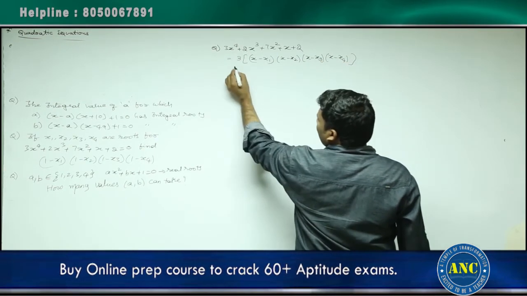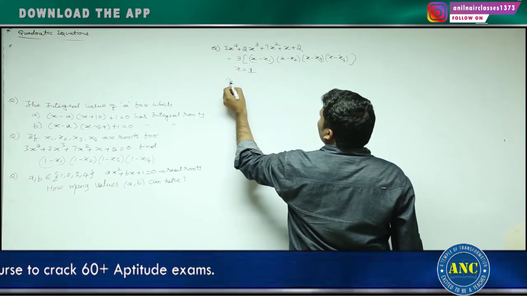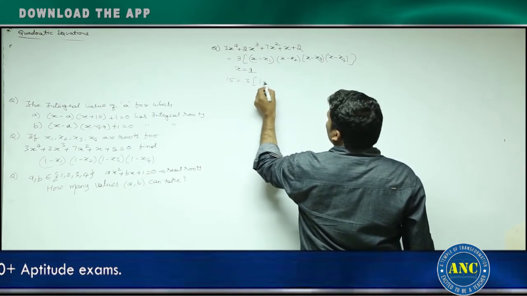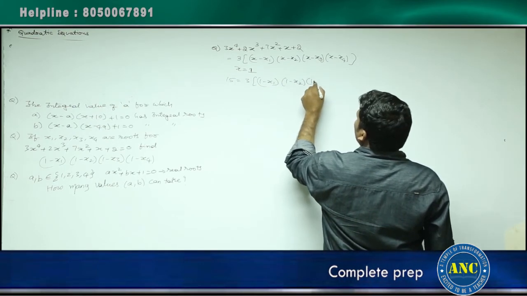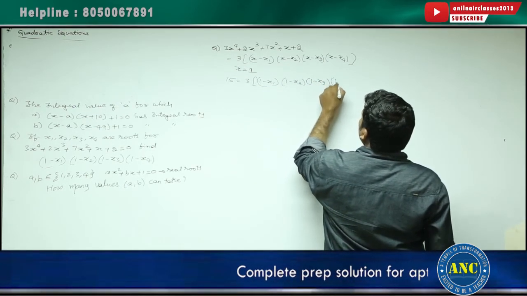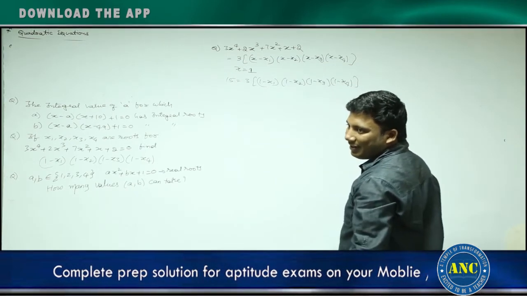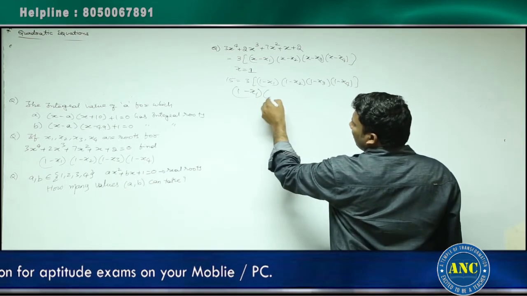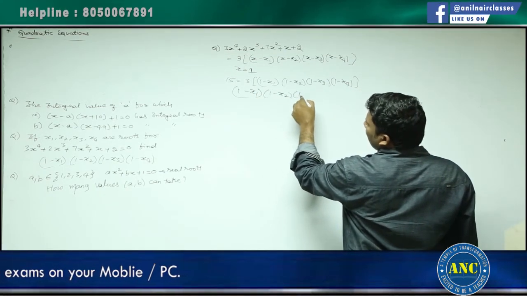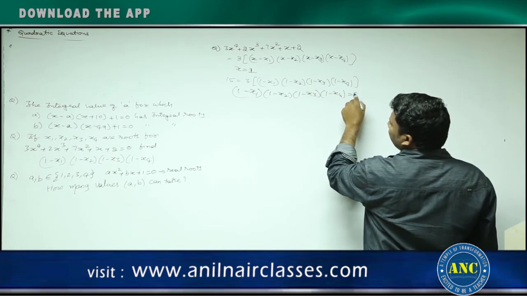What do we have to substitute? Substitute x equivalent to 1. 5, 12, 13, 15. So 15 equivalent to 3 into 1 minus x1, 1 minus x2, 1 minus x3, 1 minus x4. Answer is 5. Clear? Wherever x is there, substitute 1.